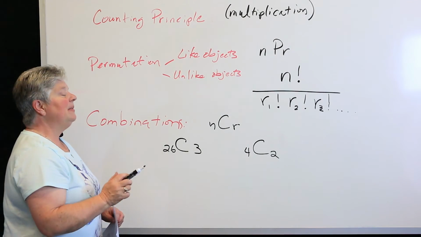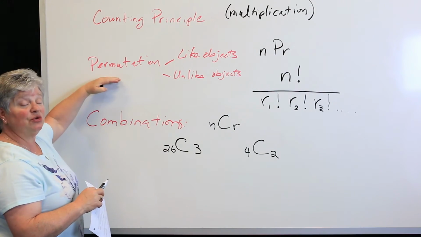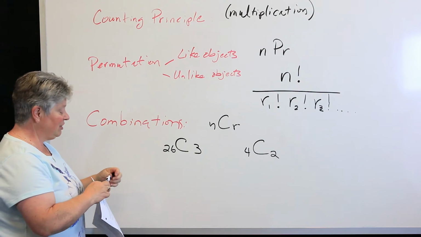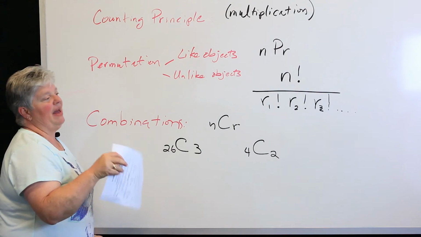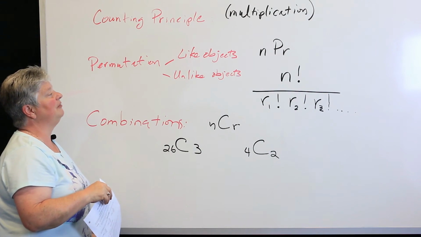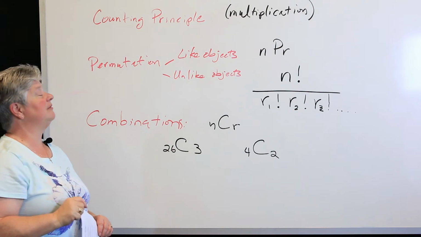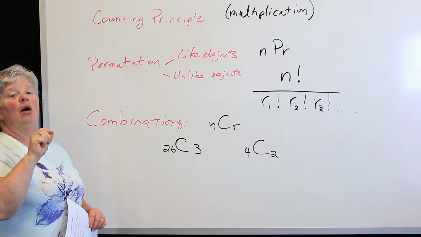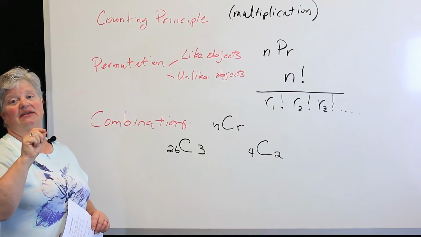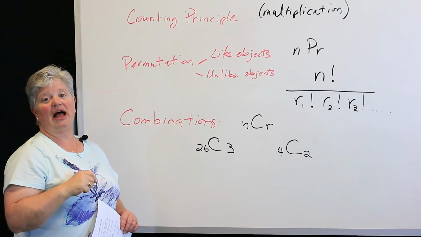All right. Let me give you an example that I think really shows the difference between permutation and combination. Let's say in any math class that I'm teaching, I have 25 students. So my total is 25. If I asked a question like this, in how many ways could we select a president, a vice president, and a secretary for a class?